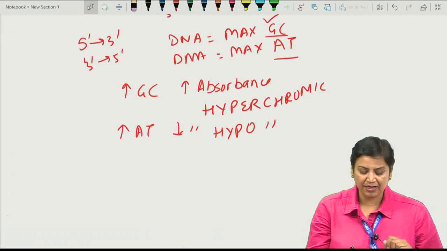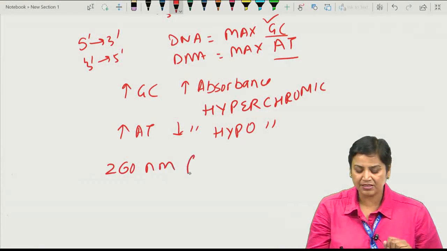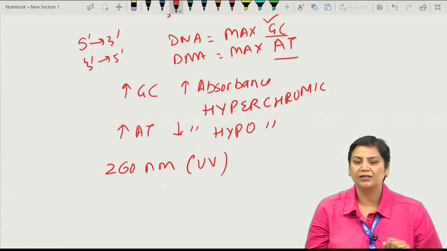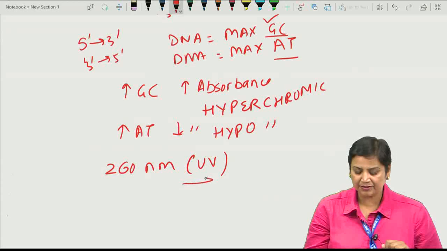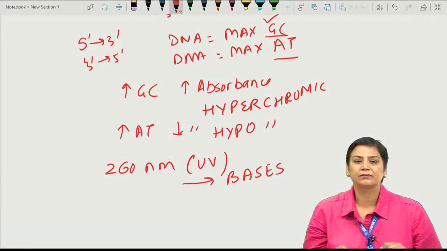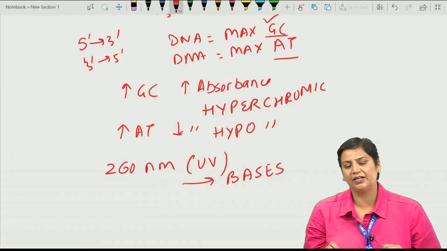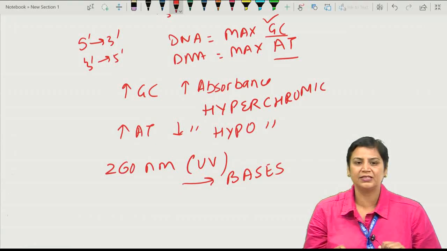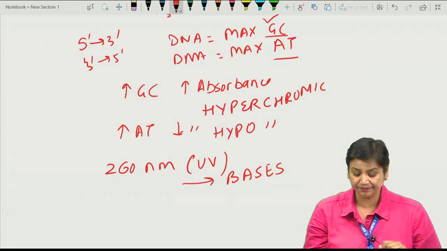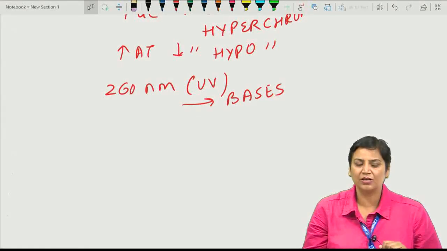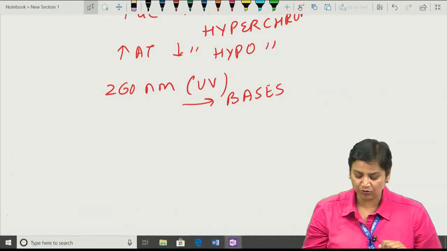Always remember, DNA absorbs at 260 nanometers, in the ultraviolet range, and this is due to the presence of the bases only, whether it is an increase in GC base pairs or AT base pairs. It is always measured by the spectrophotometer.